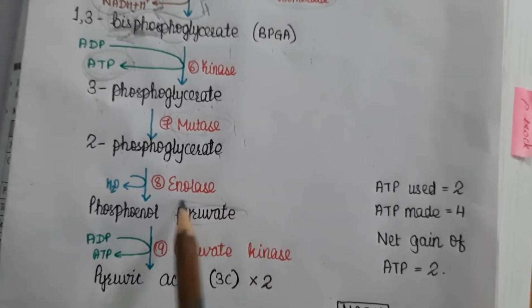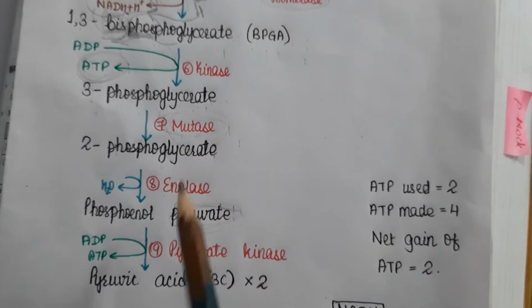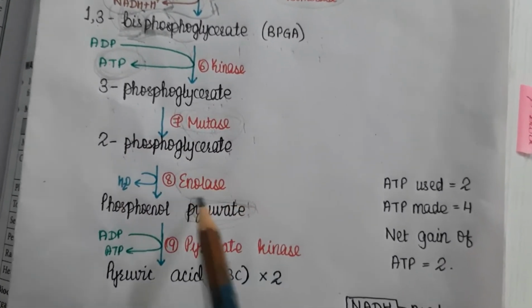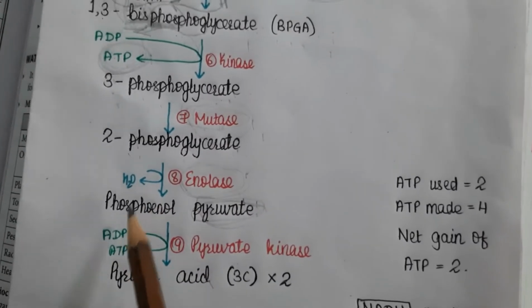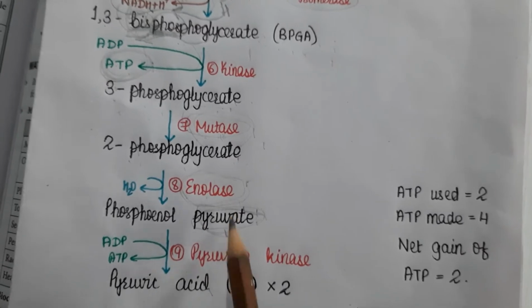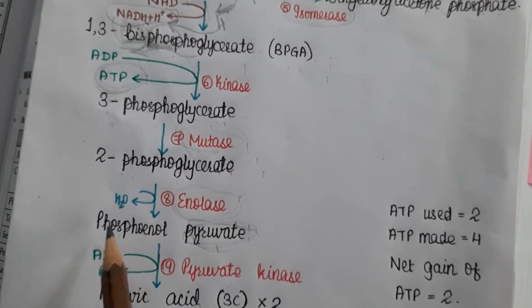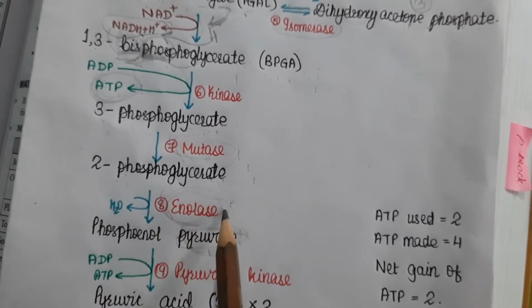Now when we see pyruvate, we are very close to the end product. So 2-phosphoglycerate, with the help of the enzyme enolase, gets converted into phosphoenol pyruvate. Very easy.